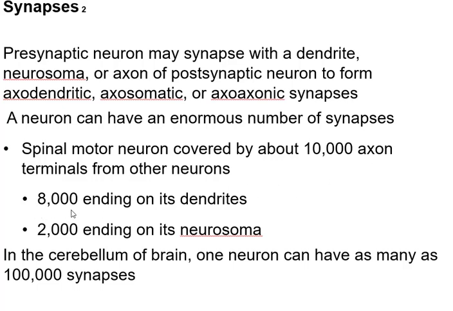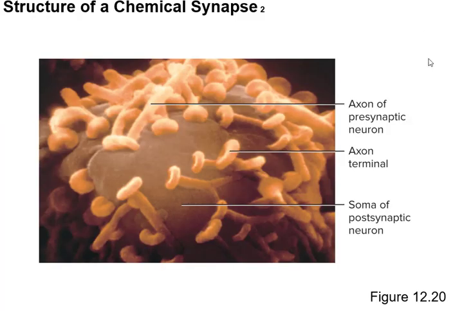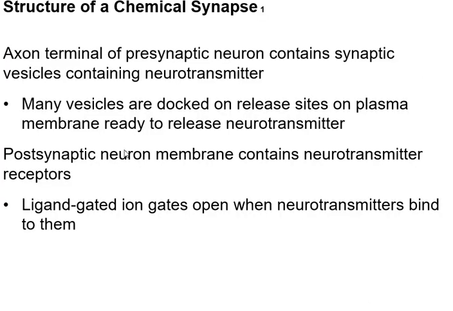Of those 10,000, most of them are going to end up on dendrites, and about 2,000 of them will end up on the cell body itself, on the neurosoma. In the cerebellum of the brain, you can have up to 100,000 synapses. So someone somewhere sat and counted all of these synapses.